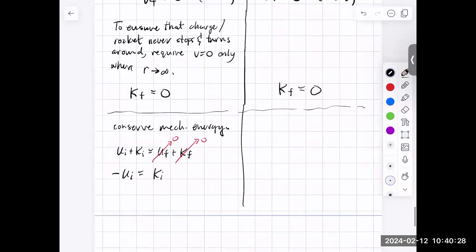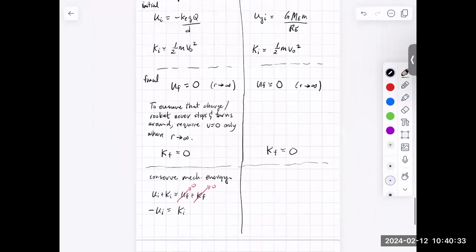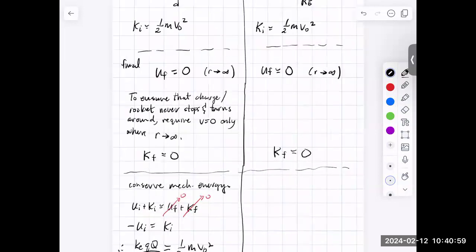What was U initial? It was minus k_e Q times Q over d, so minus U initial is k_e Q Q divided by d. The final kinetic energy is 0, and the initial kinetic energy was 1/2 m v0 squared.